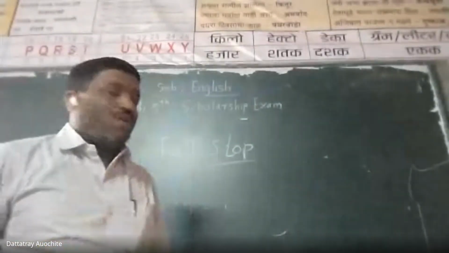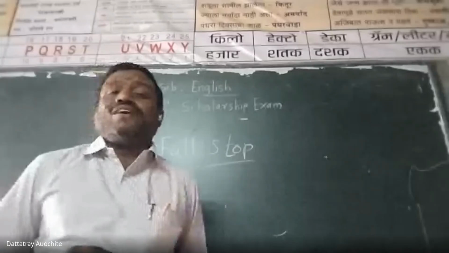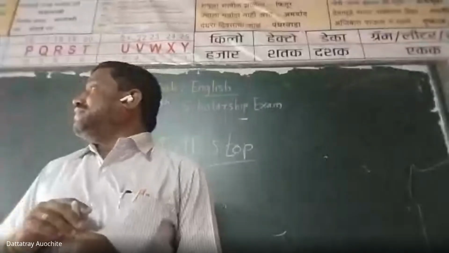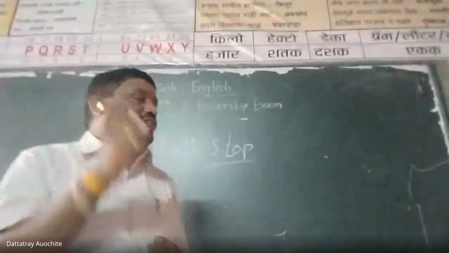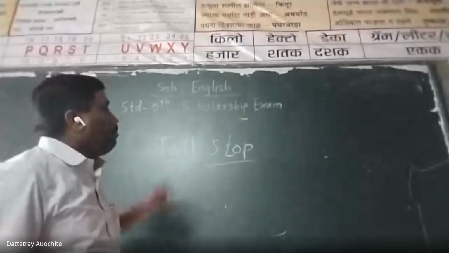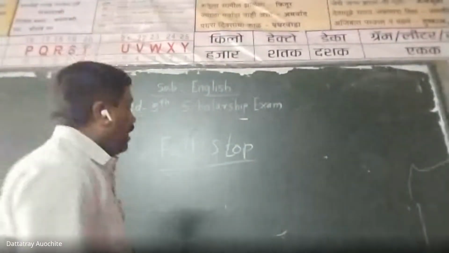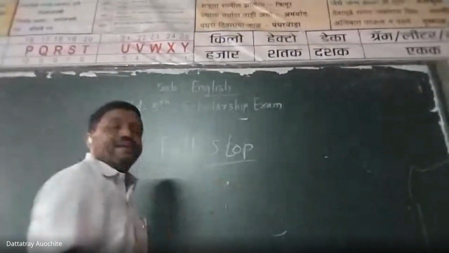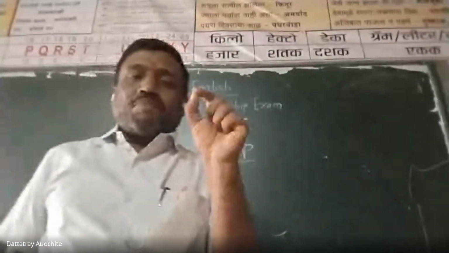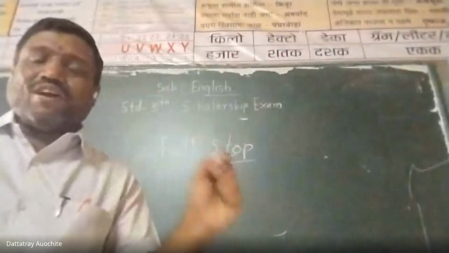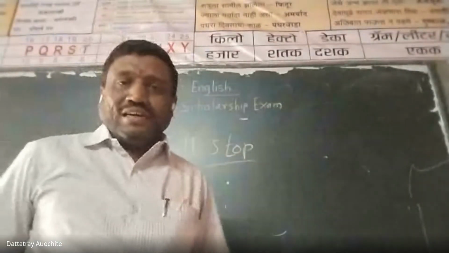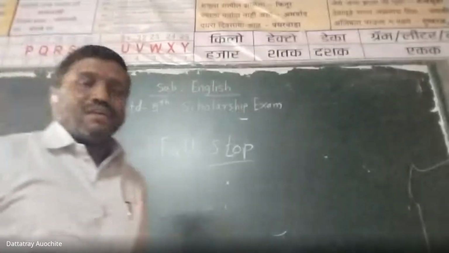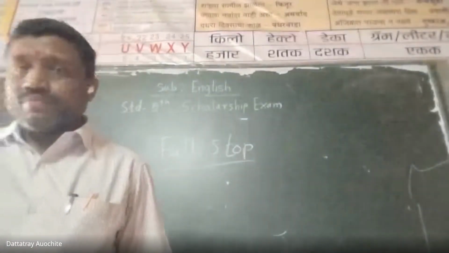So we know properly what a full stop is and where it should be added in the sentence. How is the full stop mark? Only a little point at the end of the sentence, at the end of the clause, that we use in the sentence.